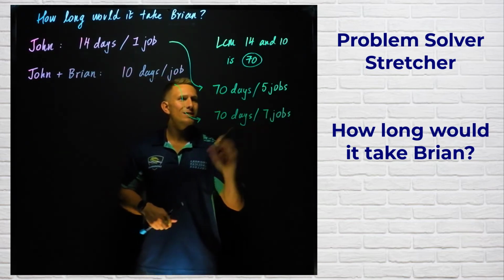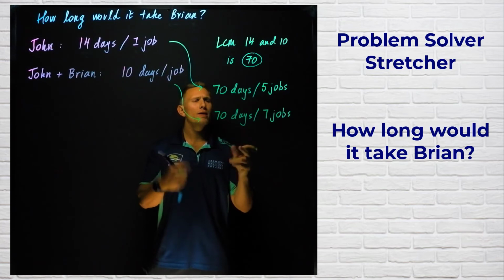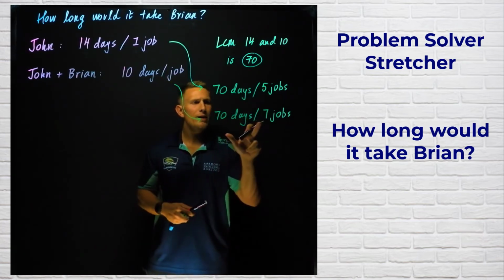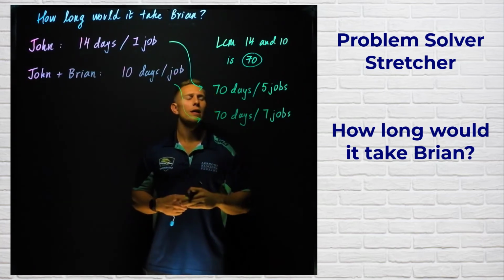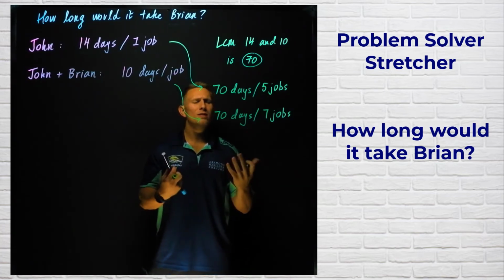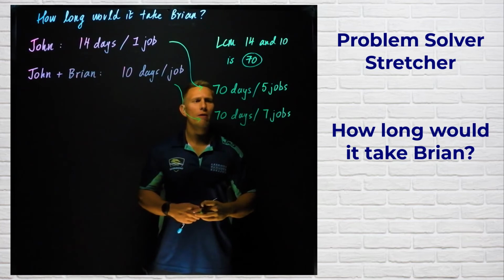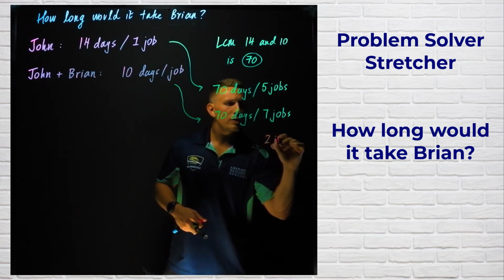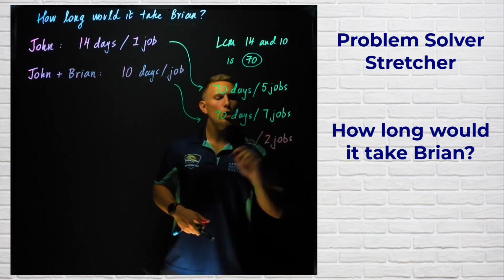Together, they're going to complete 7 jobs in 70 days. What's the difference between 7 and 5? It's 2, okay?